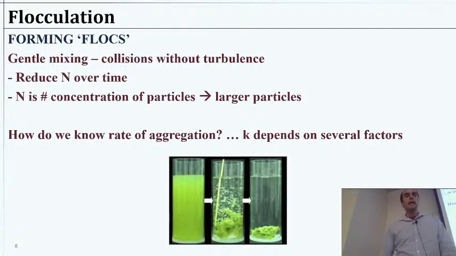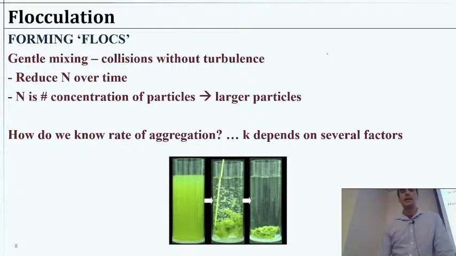So if we mix particles together and we have some destabilization, we're going to reduce the number of particles over time. Now, when I say that, it's not that we are destroying them, it's that when two particles meet, I'm saying that they're becoming one new particle. So by two particles meeting, we've not lost any mass, but we've reduced the number.